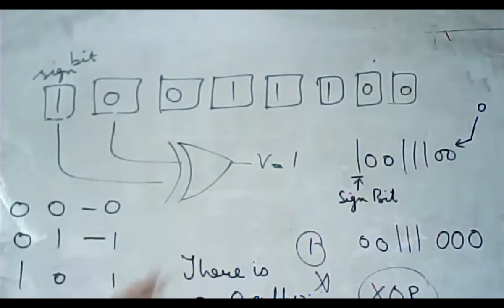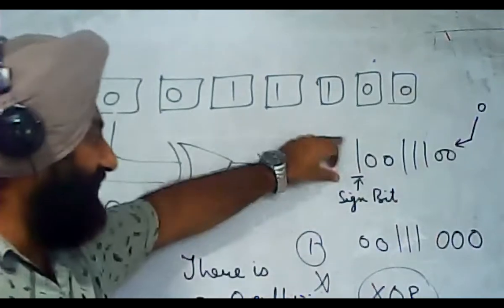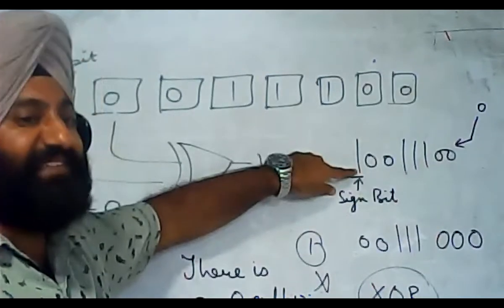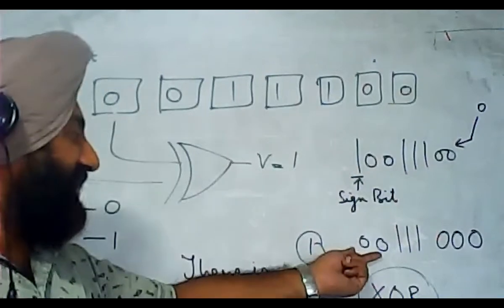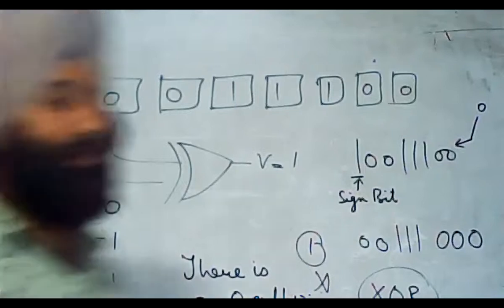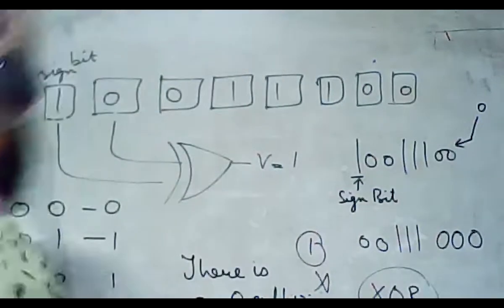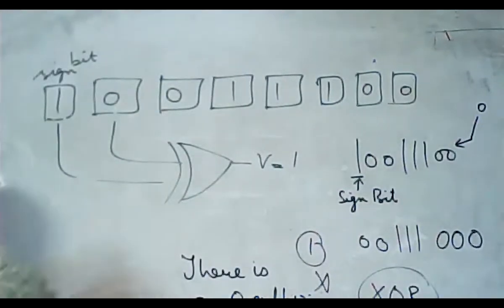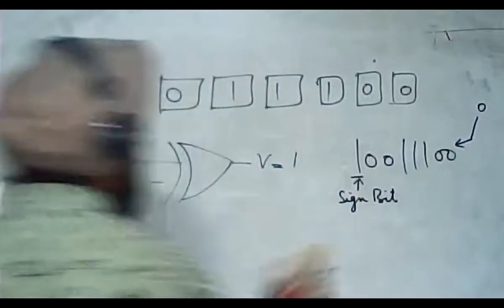So there is a sign reversal. Before the shift, you have 1 as a sign bit, and after the shift, you have a 0. It means there is overflow. So this is done for today.